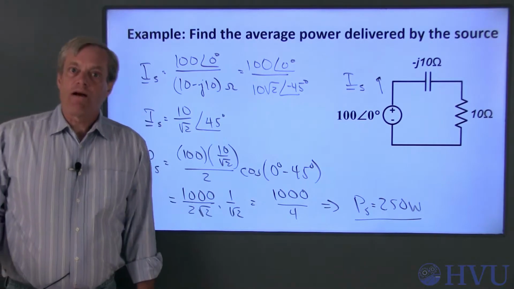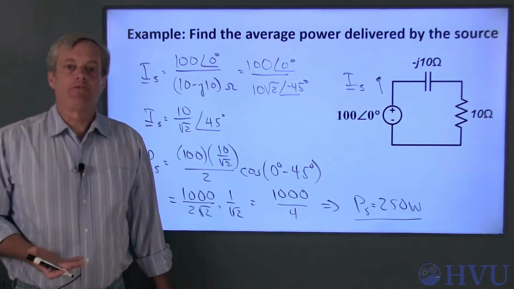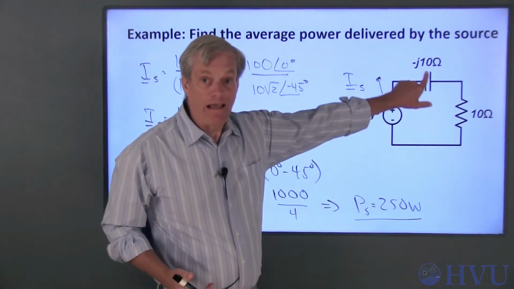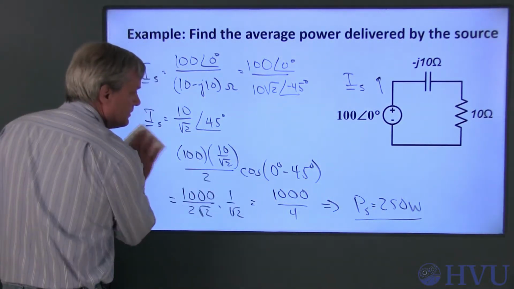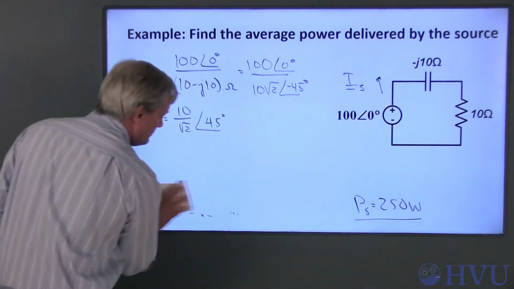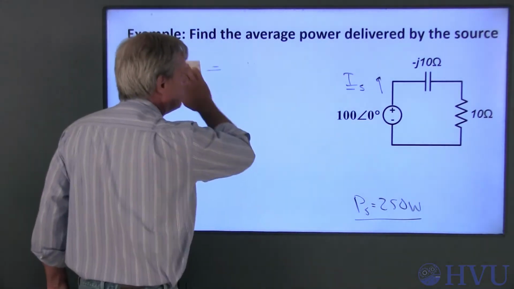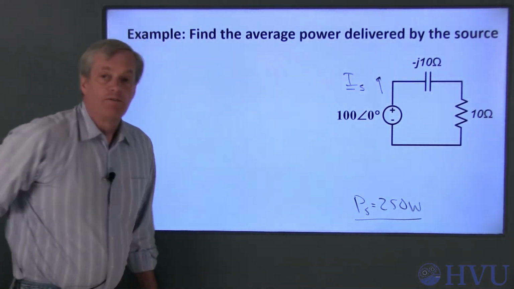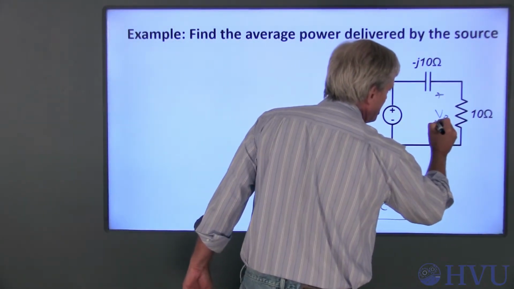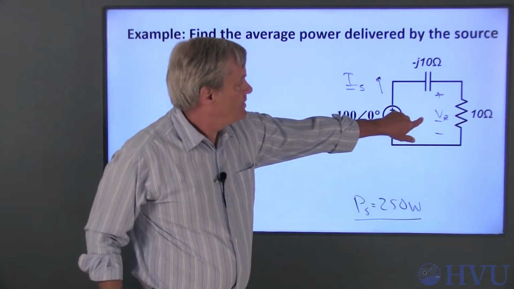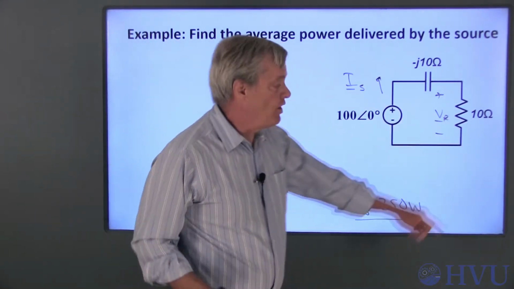Now that we've got the source power, let's see how that compares to the average powers dissipated by the resistor and the capacitor. Let's find the resistor power first. To find the resistor power, we need the resistor voltage, V sub R. By Ohm's law, V sub R is I sub S times 10 ohms.